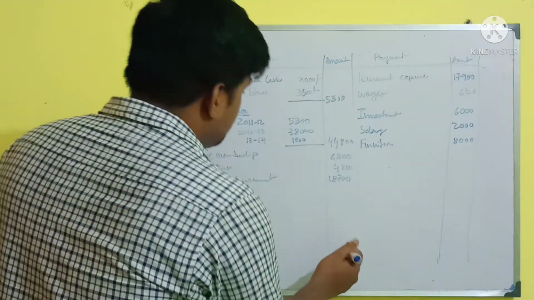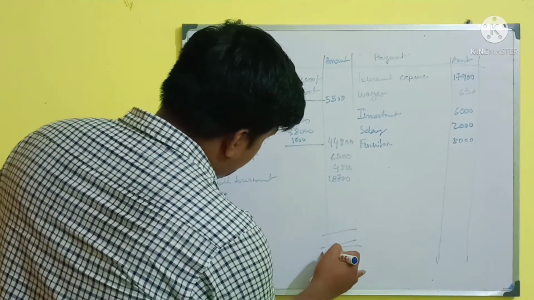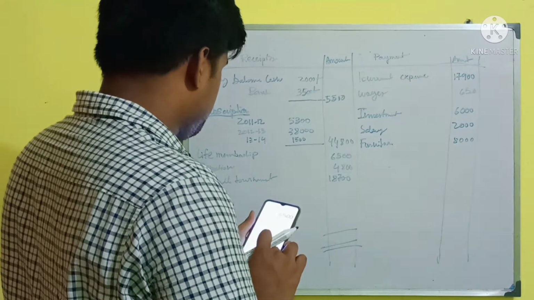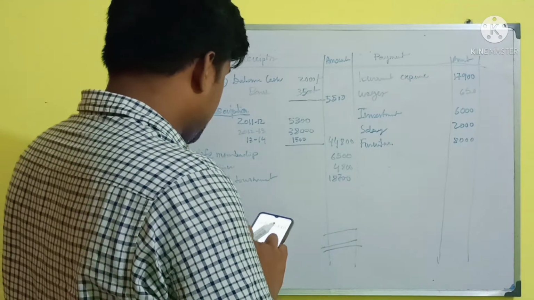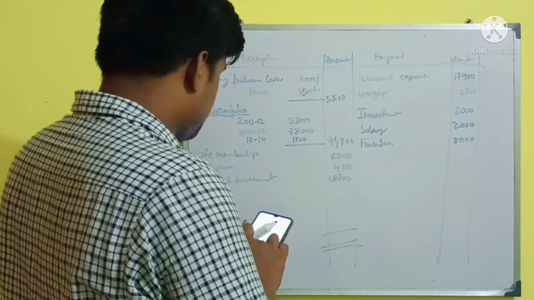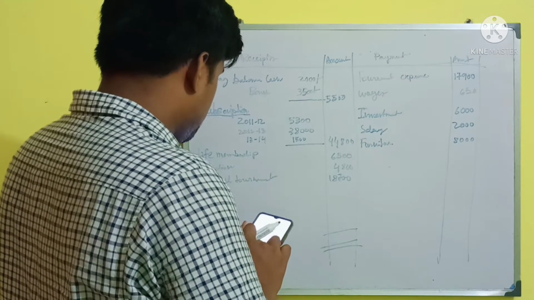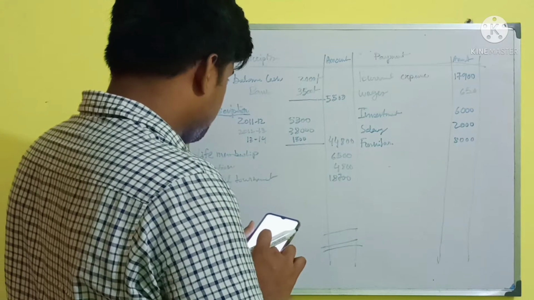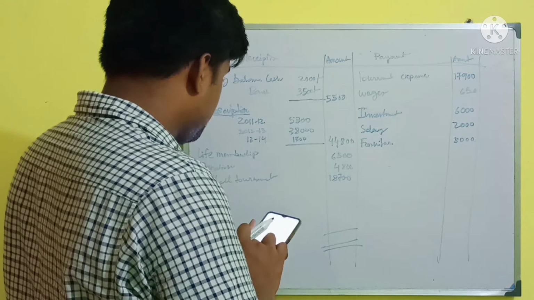This side, the receipt side, the total amount will be 5500 plus 44800 plus 6,500 plus 4,800 plus 18,700.